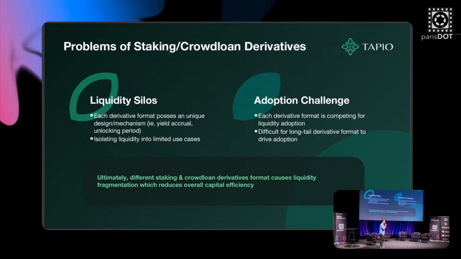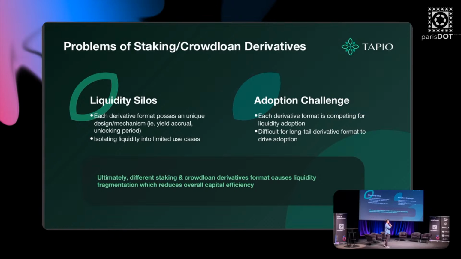Let me explain what that means. Each of these individual staking or crowdloan derivatives has a different yield mechanism, as well as potentially different types of redemption mechanism. So this makes things a little more complicated from a user's point of view.